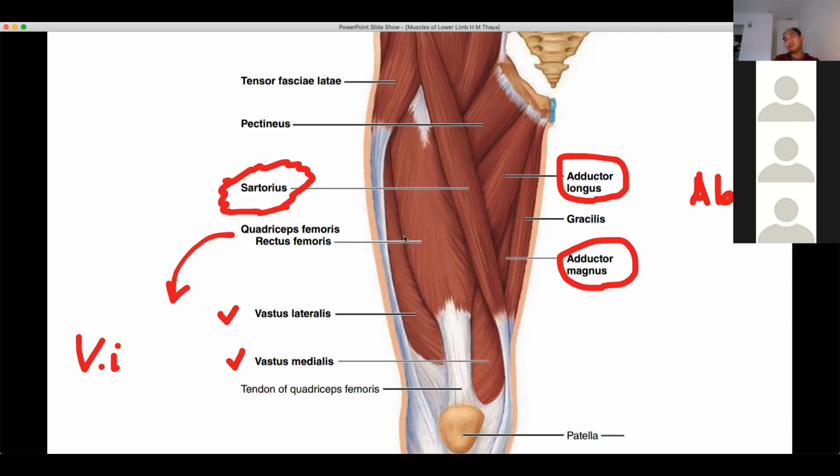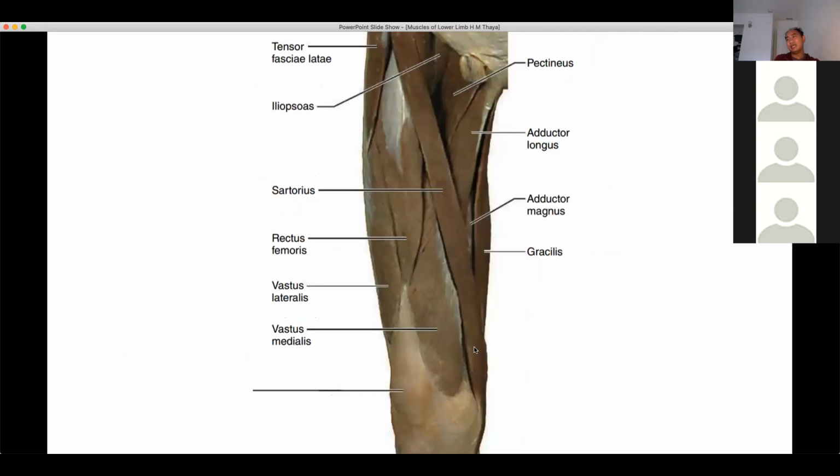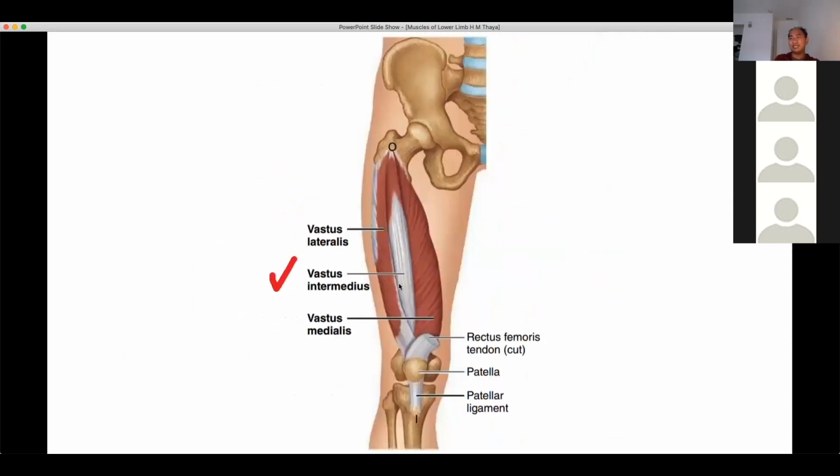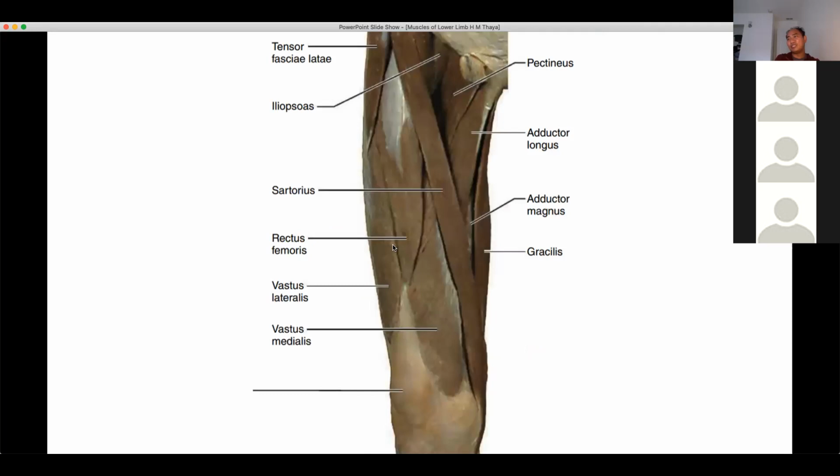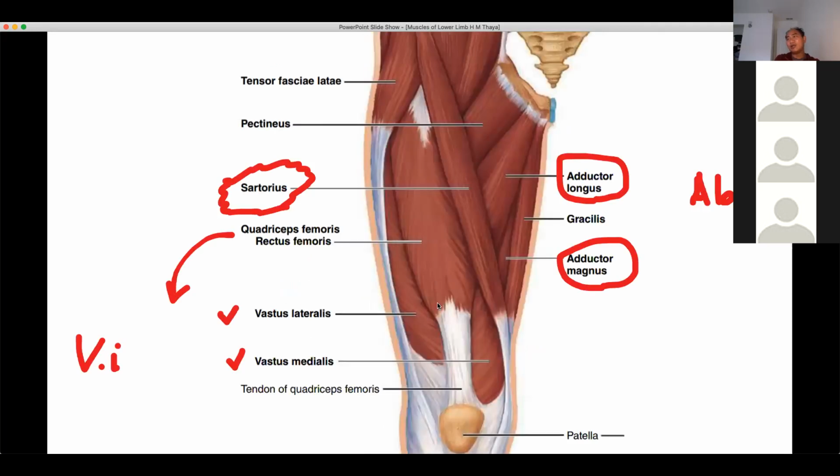Rectus femoris together with the vastus lateralis, vastus medialis. So lateralis on the lateral side, medialis on the medial side, and vastus intermedius here. So vastus lateralis, vastus medialis, vastus intermedius together with the overlying rectus femoris, that is what we call quadriceps femoris.